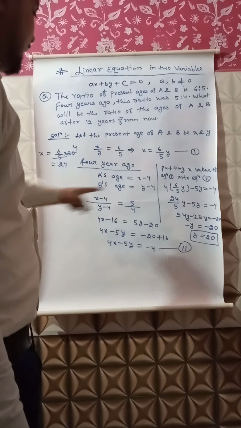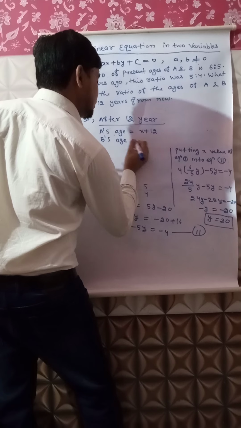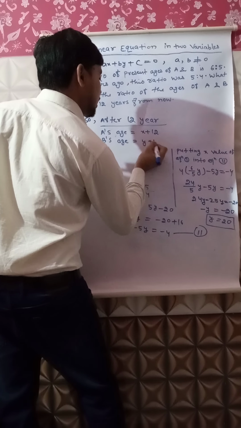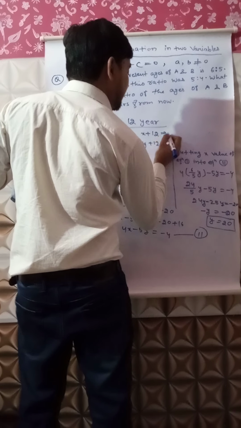So after 12 years, A's age will be x plus 12 and B's age will be y plus 12, and finally we have calculated the x value.